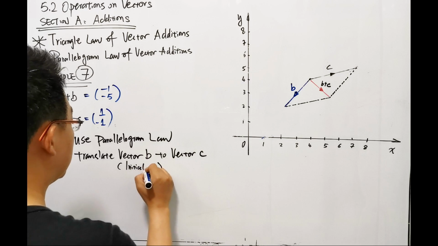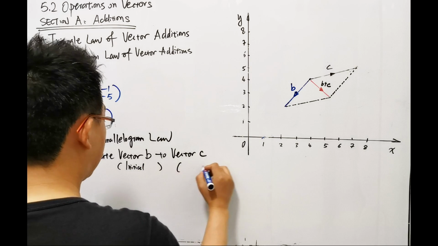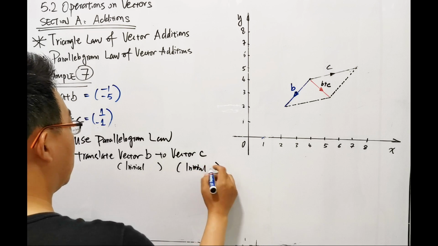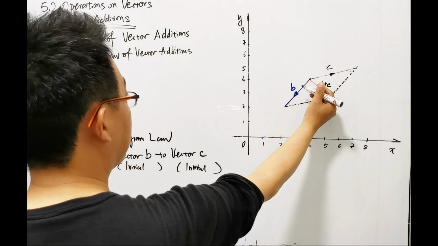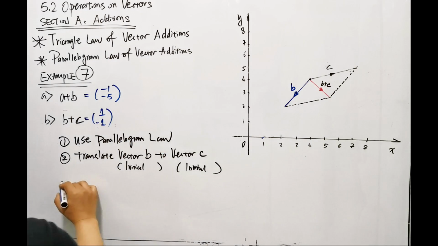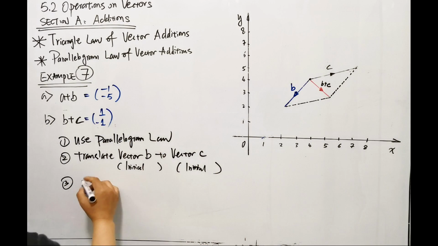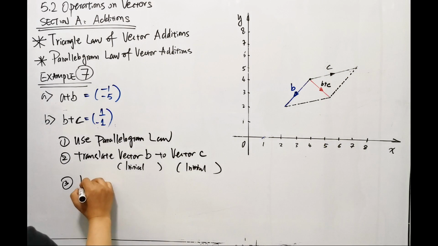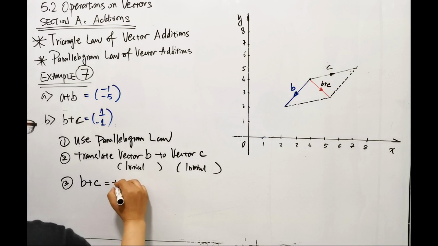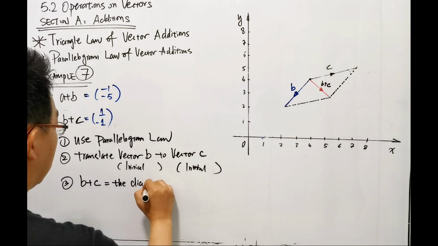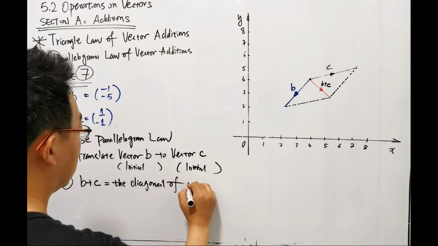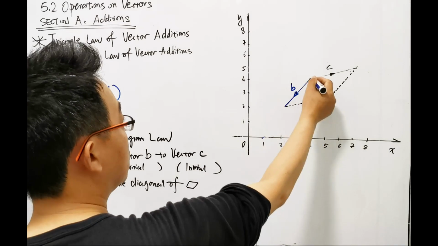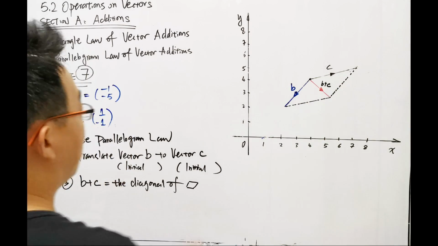We have the common initial point. Remember what we studied in this parallelogram? Both initial points joining up here is a common point, right? So from here we will know, because this is the parallelogram, B plus C equals the diagonal of the parallelogram.